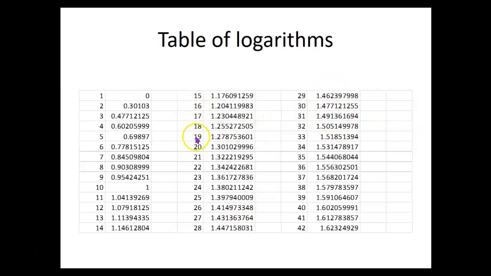You could look up the two numbers that you wanted to multiply and find their logarithms, and then add those logarithms together and go back to the table and see which number that corresponded to. So by using a table of logarithms, you could turn a multiplication problem into an addition problem, which would be easier to do if all you have is pencil and paper.